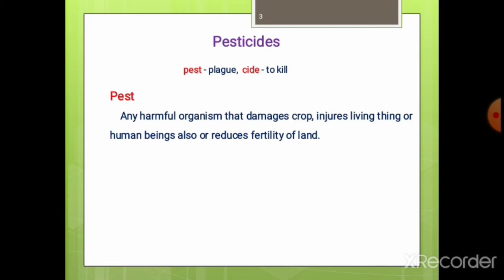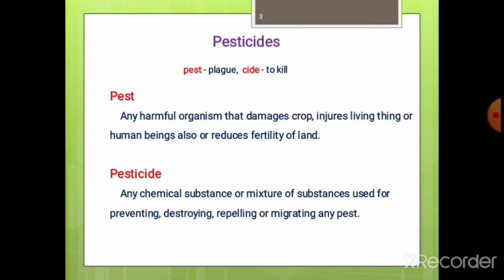With this, pests are destroying the plant. And these pesticides are the chemical substances or a mixture of substances which are used for preventing, destroying, repelling or mitigating any pest. That is called a pesticide.